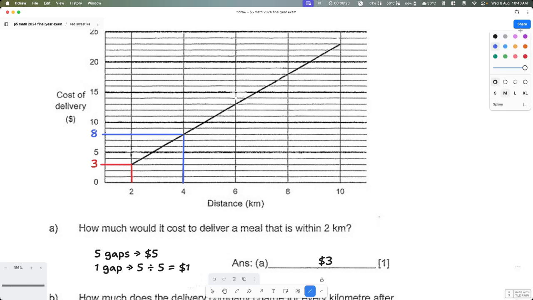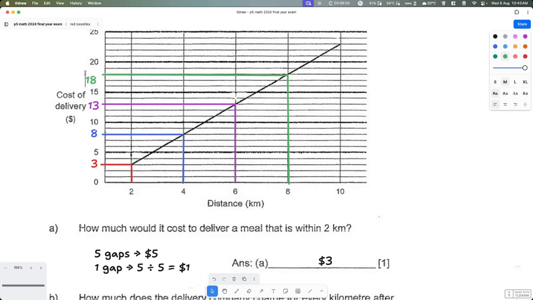So let me draw another line and put this as purple. So 6 over here, and at this stage this is $13. This should be 18 for 8 as well, so let's draw line 8 in green. This should be 18.